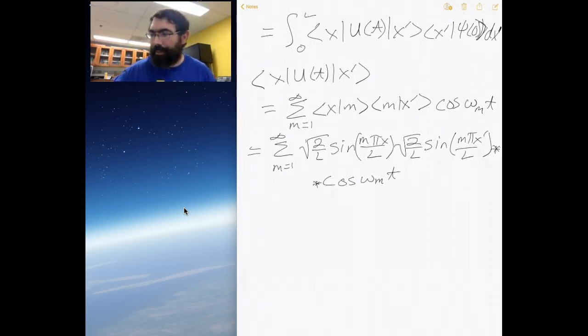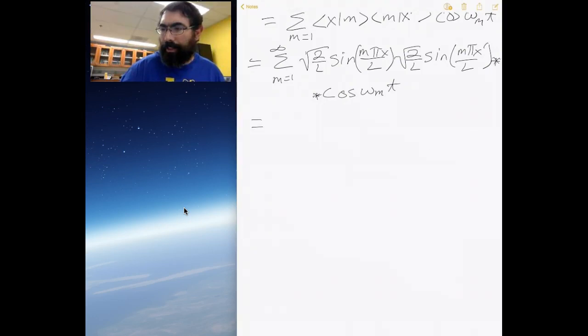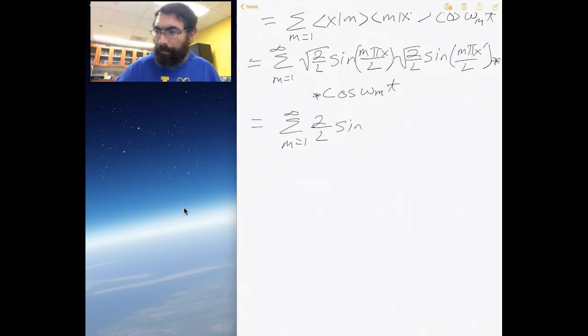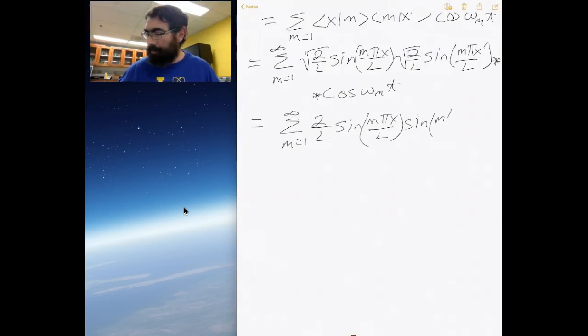We can clean up just a little bit and get the sum of 2 over L sine m pi x over L, sine m pi x prime over L, times the cosine of omega t, like so.